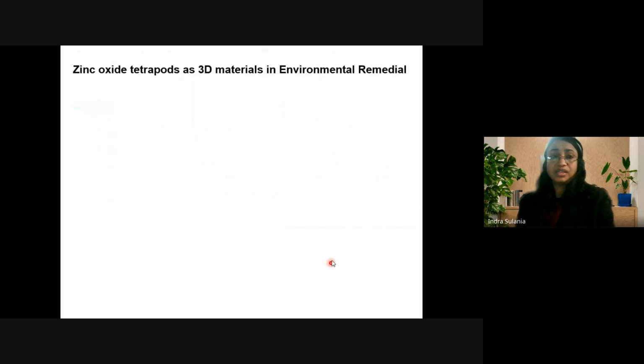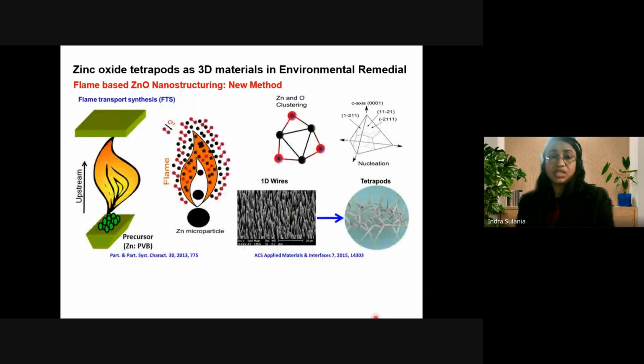So in the work which I carried out at SDU, I will not go into the details of how these tetrapods are formed because Professor Mishra nicely explained it yesterday, but you know that at a very high temperature, anything will burn into ashes, and these ashes are actually important for finding out their properties.